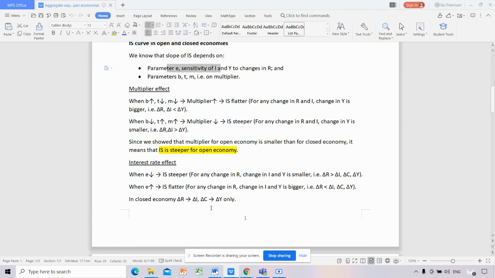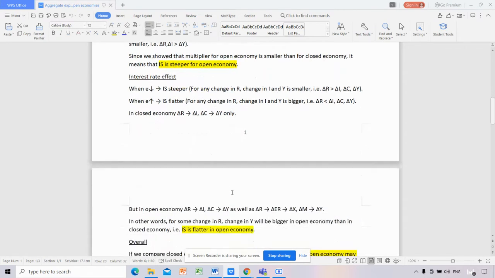So in the closed economy, we have a change in interest rate, change in investment and consumption, change in income. But in the open economy, we also have an additional effect. So you will have a change in interest rate, appreciation or depreciation of the currency, change in exports and imports, and additional change in income.